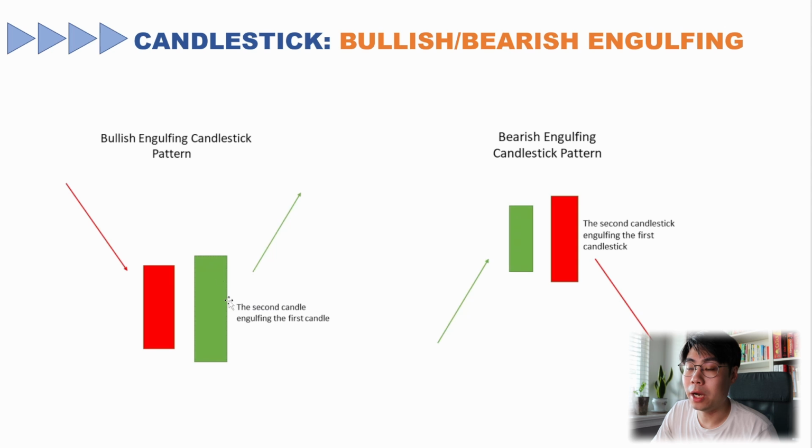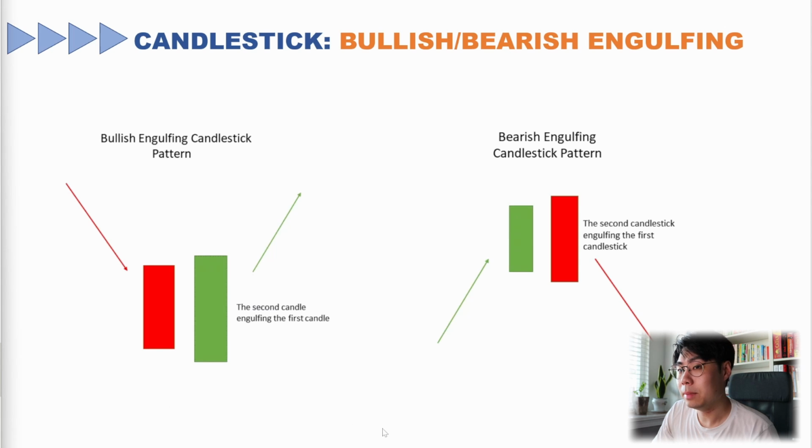Hence, the body of the second candle engulfs the body of the first candle. That's why it's called engulfing. This again is a very bullish signal, and it could signify a potential uptrend and a reversal from a downtrend.